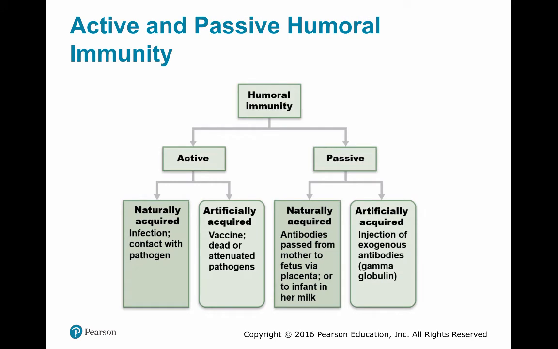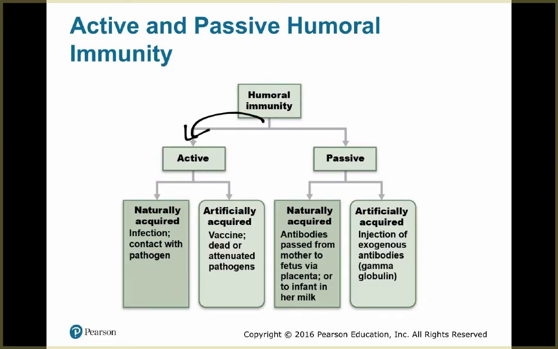And so here's humoral immunity. You have both active and passive. If you can see, active is basically being exposed to it in some way. Naturally acquired means that you've actually come in contact with it in the world. Artificial means that you've been given some kind of vaccine or been vaccinated.